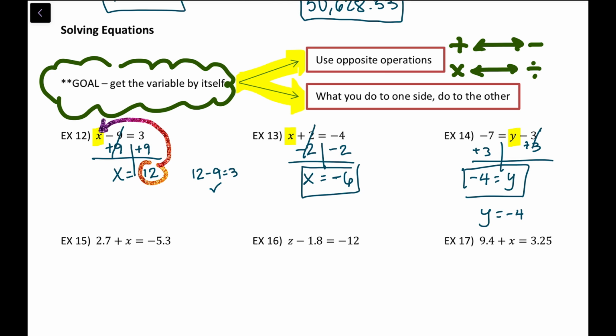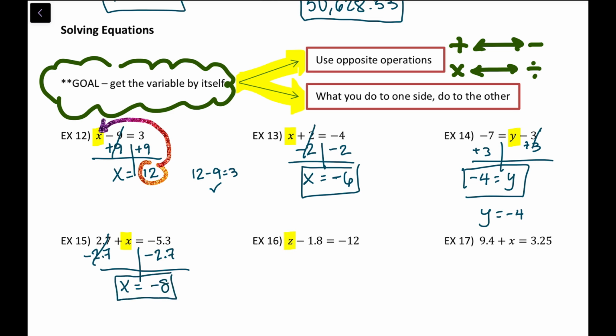Number 15, find your x. What's happening to x? Well, 2.7 is being added, so we are going to subtract 2.7. And do the same thing to the right-hand side. 2.7's cancel. I've got an x left. And when I take negative 5.3 and subtract 2.7, that ends up giving me a negative 8.